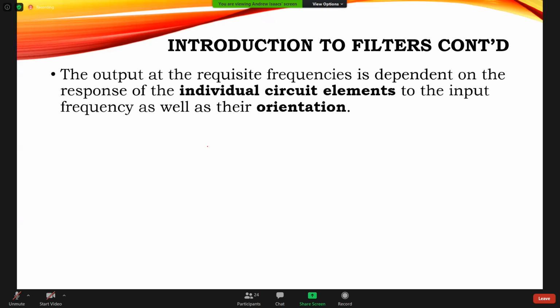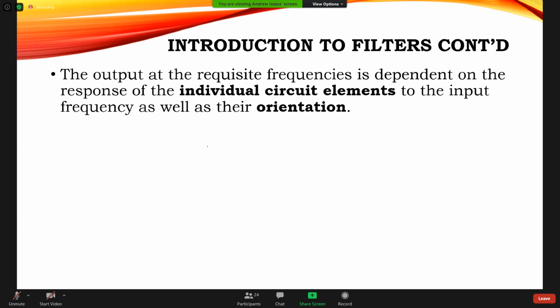So if we had an inductor and a resistor, if I'm taking the output across the inductor, then I have a high pass filter. But for the same connection, if I take it across the resistor, I end up with a low pass filter.